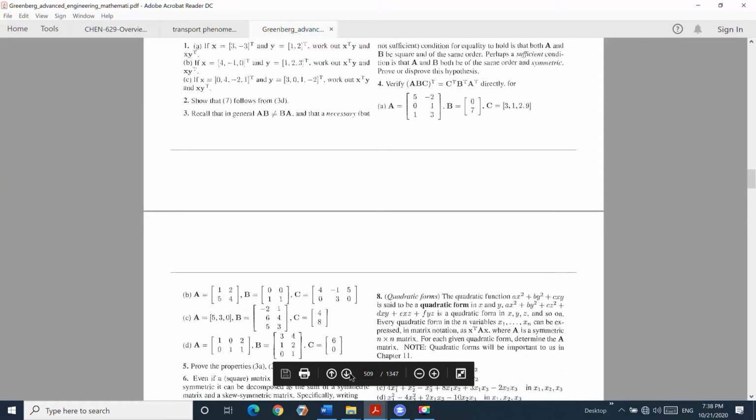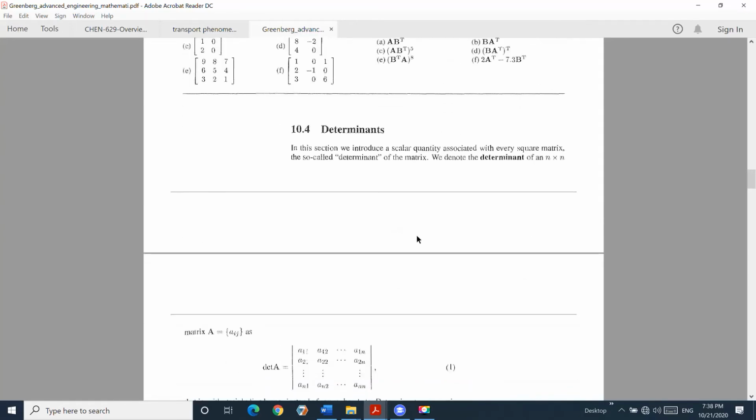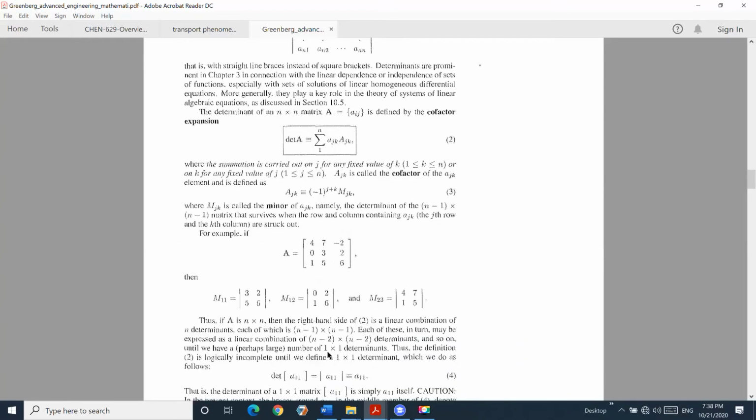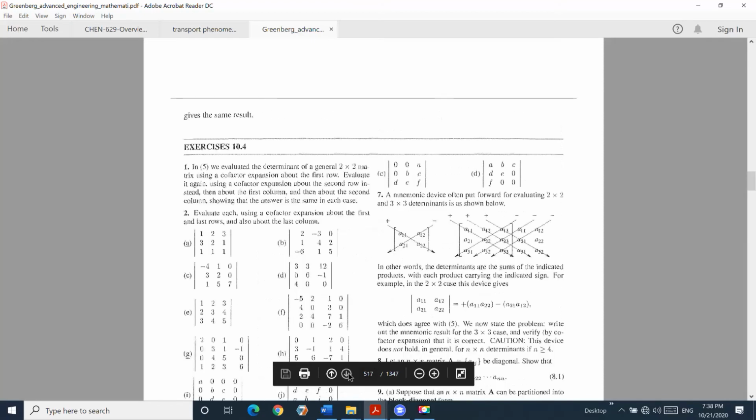Again, it still covers the determinants of the matrix. There are other important topics covered here in this book.